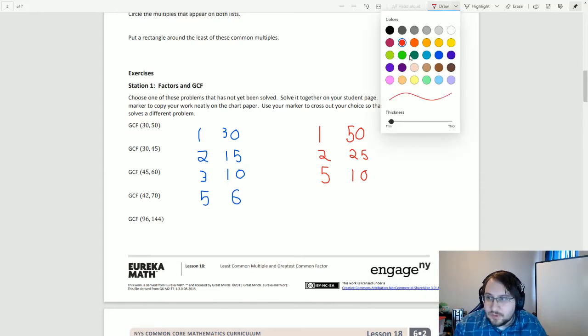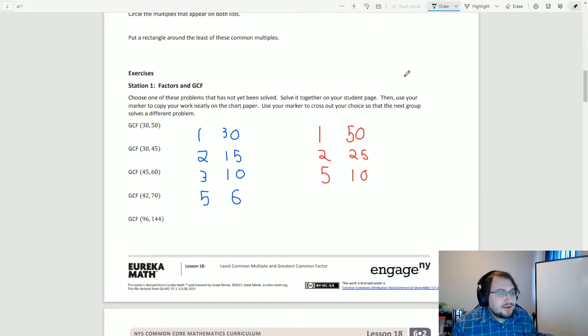So I'm going to swap colors. I'm going to swap to green. And now what I'm going to do is, once again, circle all of my common factors. I have 1, obviously, because 1's going to be on every list no matter what. Oh, look at this. I have 2 on both lists.